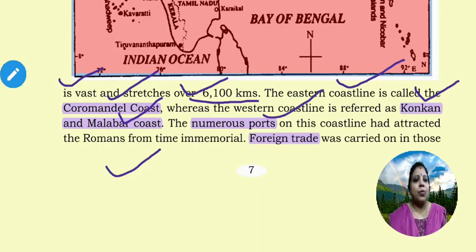Kandla, Mumbai, Navasheva, Paradeep, Haldia, Tuticorin, Visakhapatnam, these are the numerous ports through which foreigners entered India and established their trade activities with our country. Foreign trade was carried on in these places.